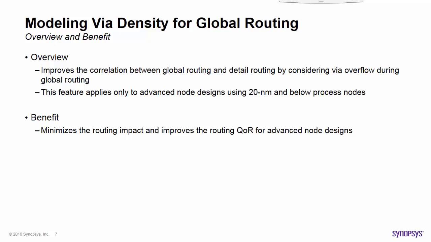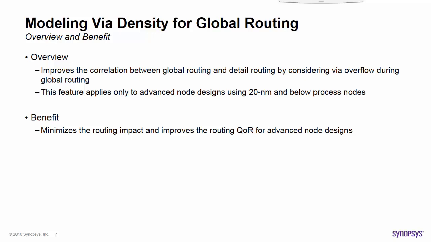In this feature, ZRoute Global Route is enhanced to improve the correlation between the global route and detailed route with a wire density control feature. With this new feature, ZRoute Global Route will keep the number of wires in the G cell to be less than the target.